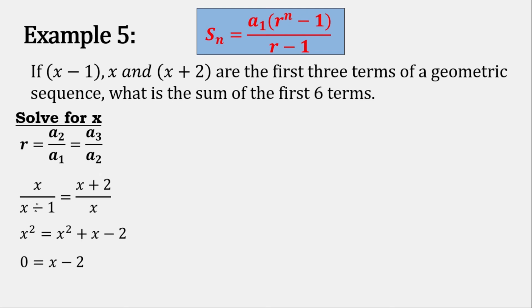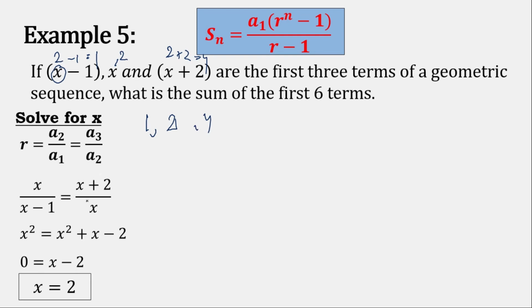After which, let's add 2 on both sides so that we could single out x. So now we have the value of x: x is equal to 2. Now let's substitute x here. So 2 minus 1 is equal to 1, so our first term would be 1. Then this is x, this is 2. Then 2 plus 2 equals 4.